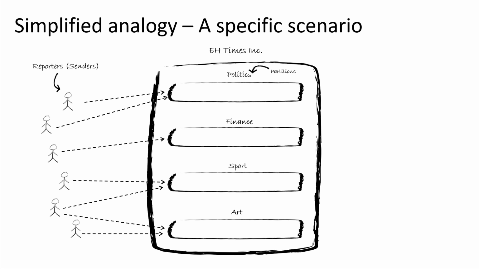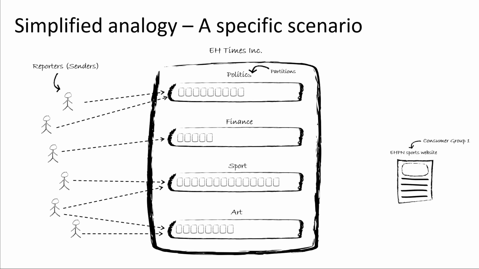This is how the data gets distributed in Event Hubs: in partitions. Partitions are like a logical separation of your data inside Event Hubs. So reporters report various sections of the data, and they put the data in various partitions.